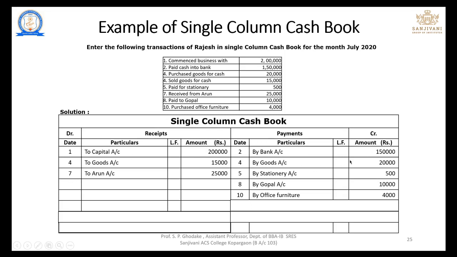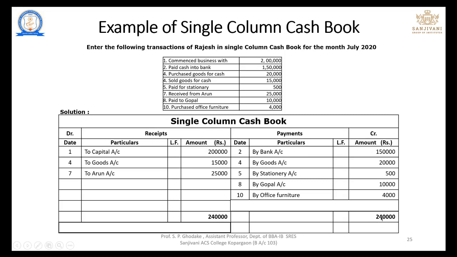So now we need to identify which side is bigger, whether the debit side is bigger or the credit side is bigger. So in the given transactions the debit side is bigger, that is 2 lakh plus 15 plus 25, we have 2 lakh 40,000. So the same amount we need to write on the credit side.